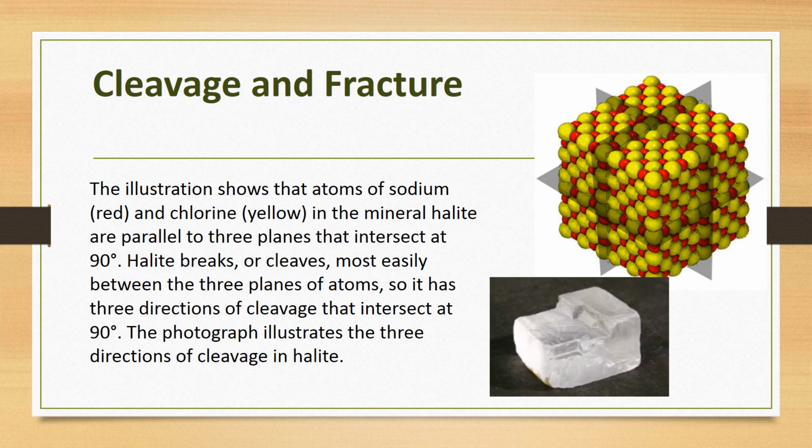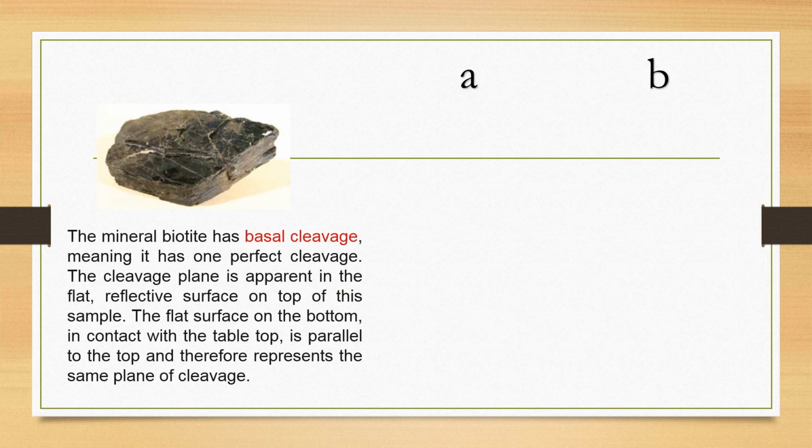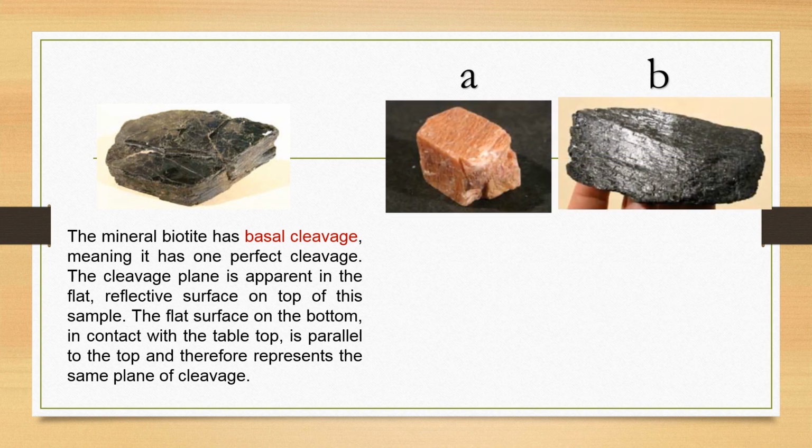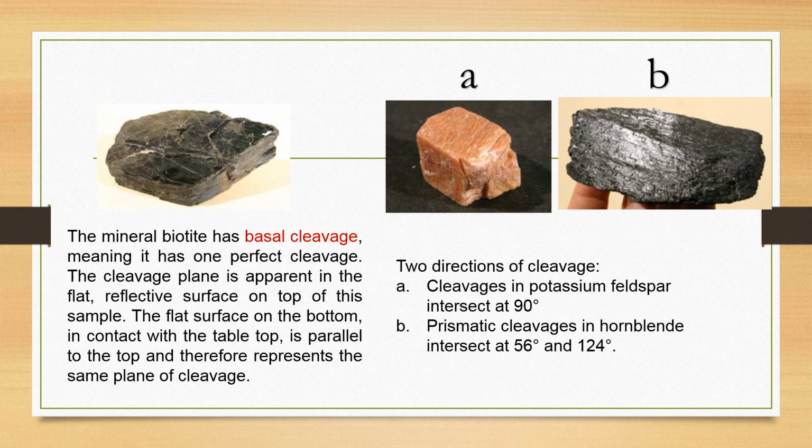Here are some examples. On the left side, the biotite mineral has a basal cleavage, which is one plane of cleavage. But here you can see orthoclase on A, another mineral on B, and hornblende. The first one, cleavage in potassium feldspar, which we call orthoclase, intersects at about 90 degrees.